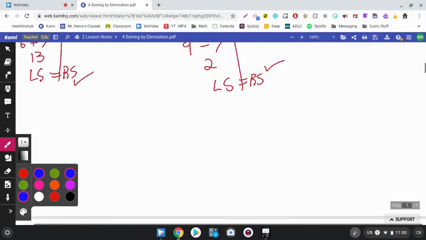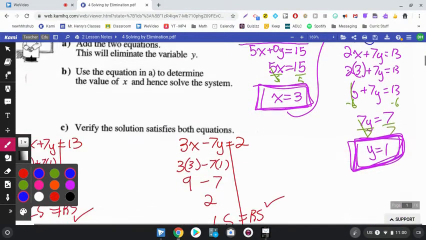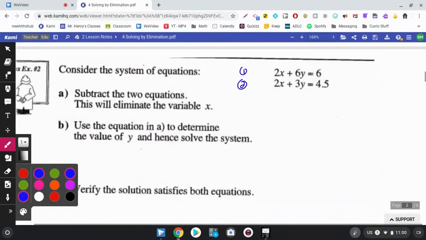The last example, it was the same coefficient, but opposite signs. So when you add them together, they disappear. Well, this one, it's the same coefficient, but the same sign. So here's the second option, and I don't do this a lot, and I'll show you how we can work around it later. But I can also subtract equations, okay?